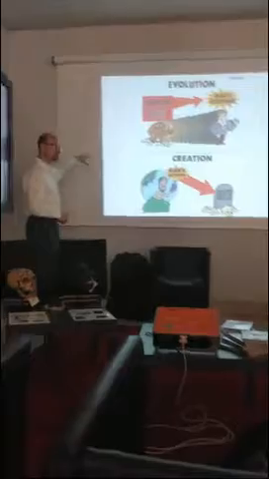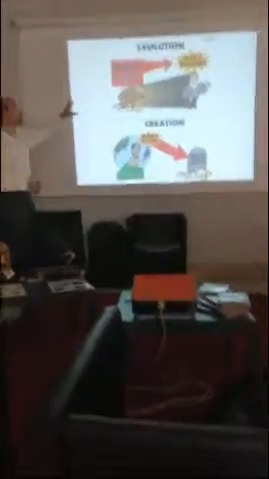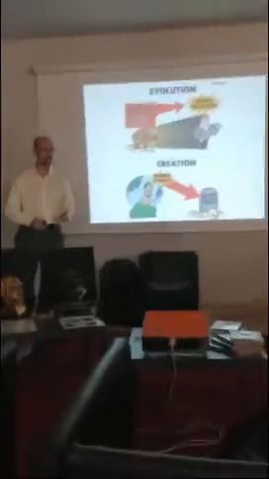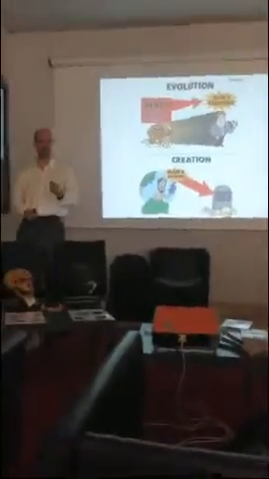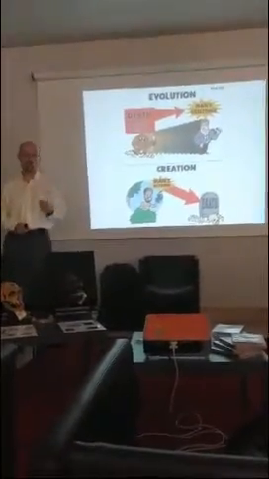So let's recap the two models. The evolution model teaches us that through death and suffering and disease, we have the evolution of some kind of primitive creature to modern man. And we talked the first night about Haldane's expression, the cost of selection.